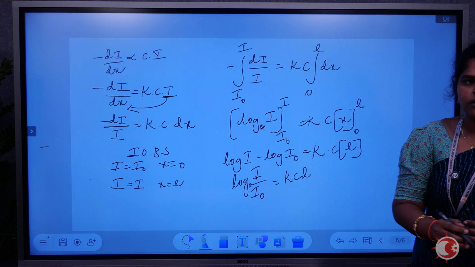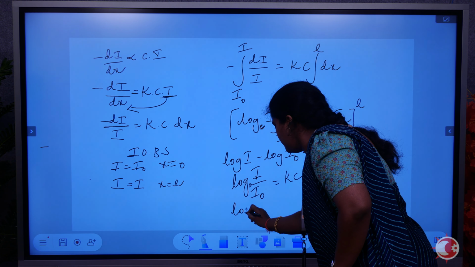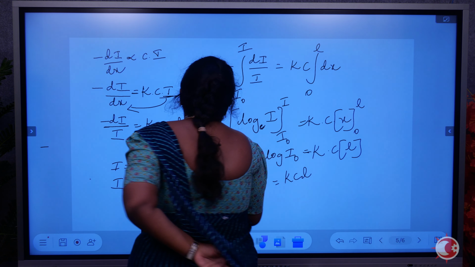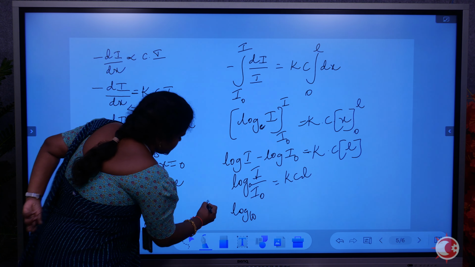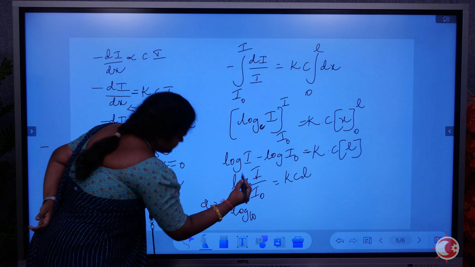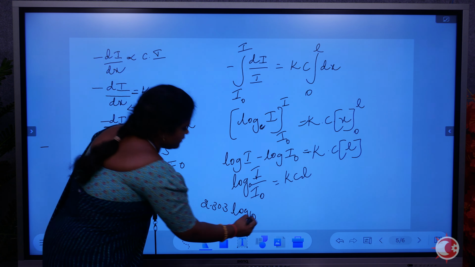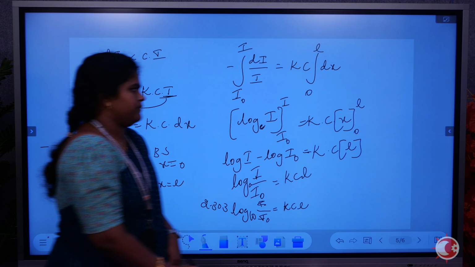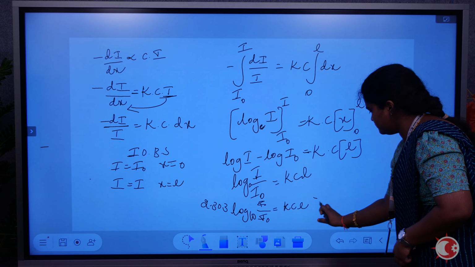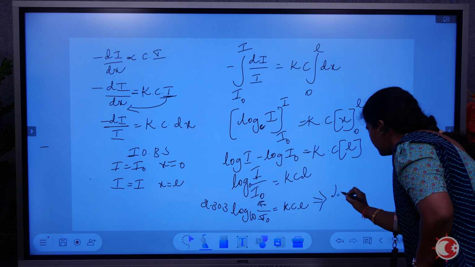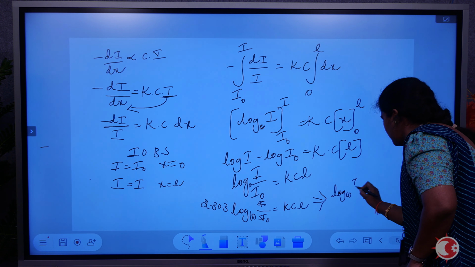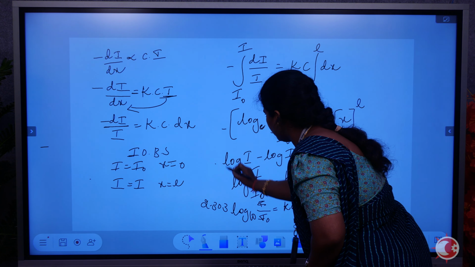Now I'm converting this log base e to log base 10. Whenever I'm changing log e to log 10, it should be multiplied by 2.303. Log 10 of I by I naught is equal to k into c into L. Now, there is a minus symbol, sorry.